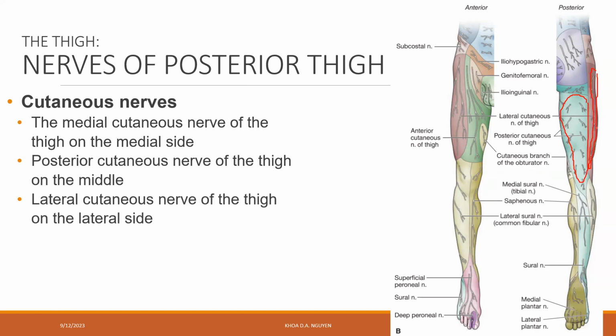The anterior, lateral, and posterior cutaneous nerves of the thigh innervate huge regions, right? But the medial cutaneous nerve of the thigh only innervates a very, very puny region. So if you need to learn something first, learn posterior, lateral, anterior. The medial is not that important. But if anything, learn the cutaneous branch of the obturator nerve.